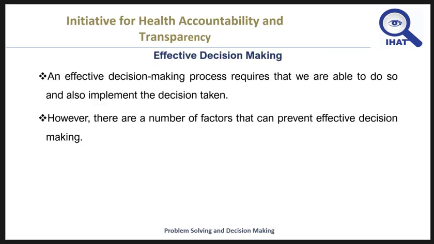Decisions need to be capable of being implemented, whether on a personal level or organizational level. Therefore, there is the need to be committed to the decision personally and be able to persuade others of its merits. An effective decision-making process, therefore, needs to ensure that you are able to do so. However, there are a number of factors that can prevent effective decision-making.